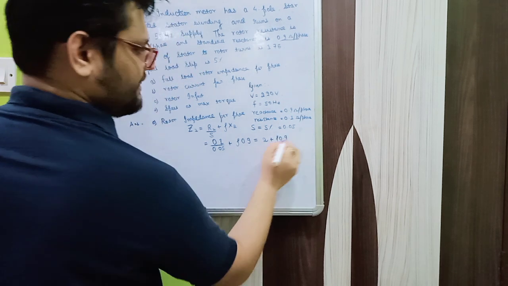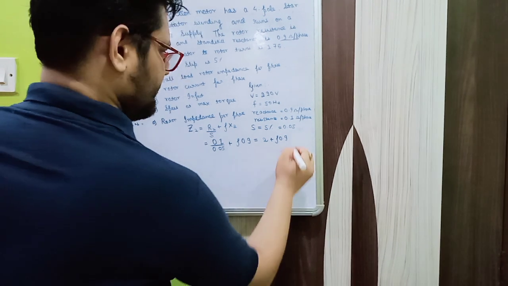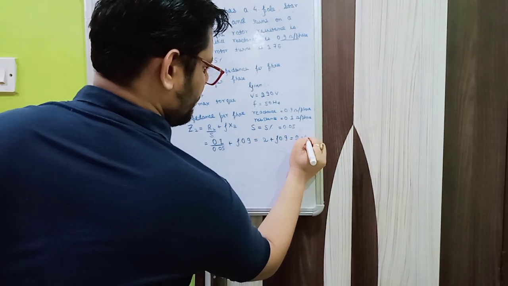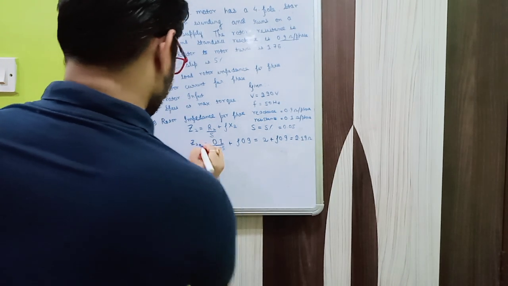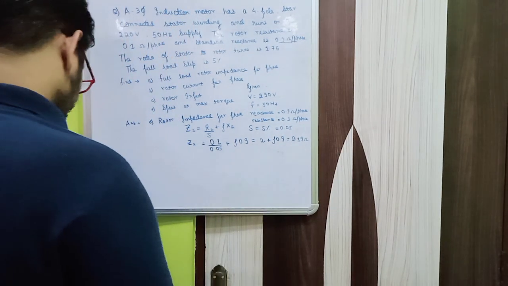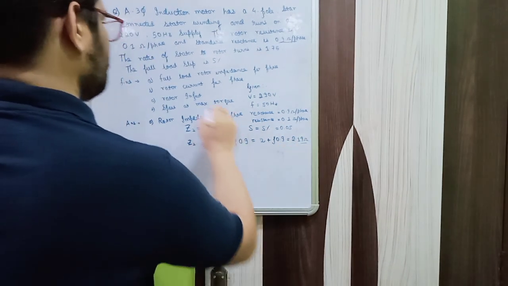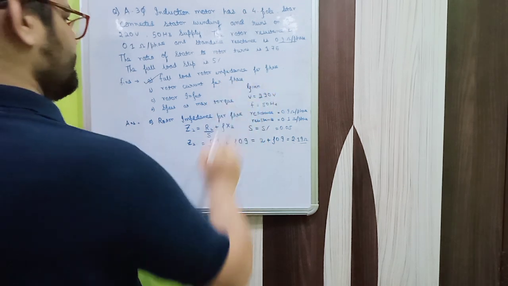With a scientific calculator we get the value 2.19 ohm. So this is equal to Z2. We have already got the first answer, 2.19 ohm, the full load rotor impedance per phase.